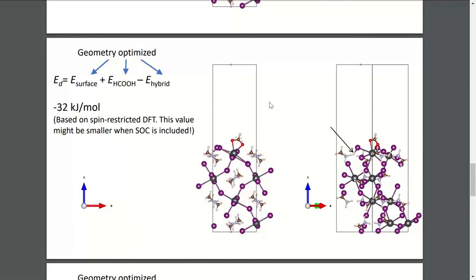Okay, so for this one, I just place a hydrogen into this position, very close to iodine. And after geometry optimization, here this is the hydrogen. So I also tried another configuration by adding hydrogen right here. Then after geometry optimization, it just goes to the formic acid.